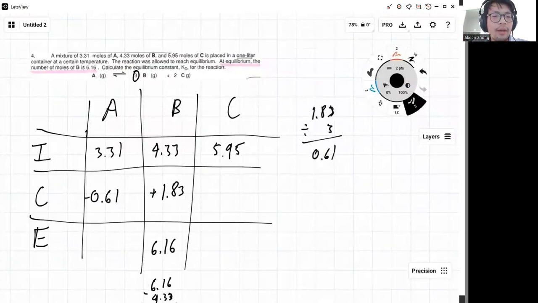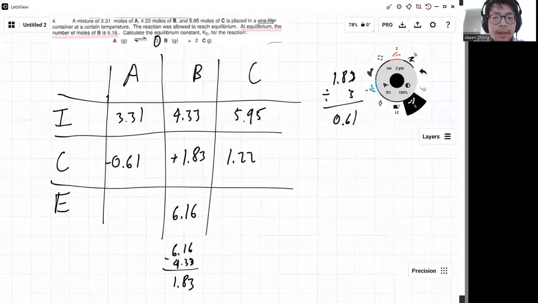Because once again, a breakdown of a single mole will end up as 3B molecules. You can see that 0.61 times 3 is 1.83. And it also breaks down into 2C molecules. So 0.61 times 2, that's 1.22 moles of C. So now that we have our difference in concentration, we can find out the concentrations at equilibrium.